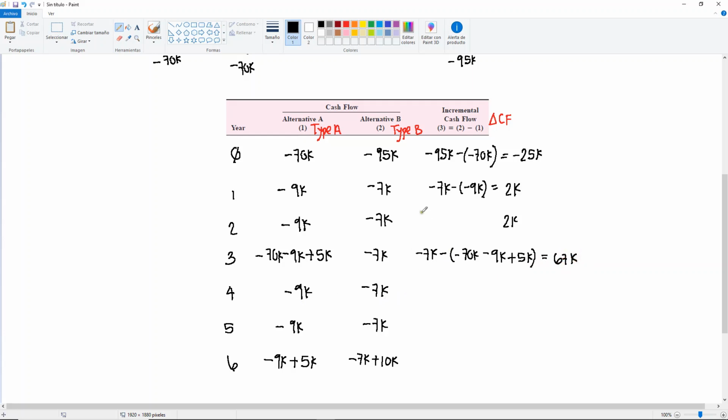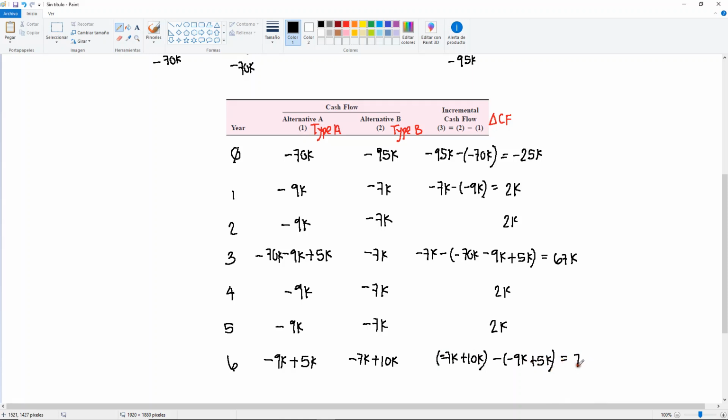Then these two are the same as the ones on top, 2,000, 2,000, and this one will be minus 7,000 plus 10,000 minus minus 9,000 plus 5,000.